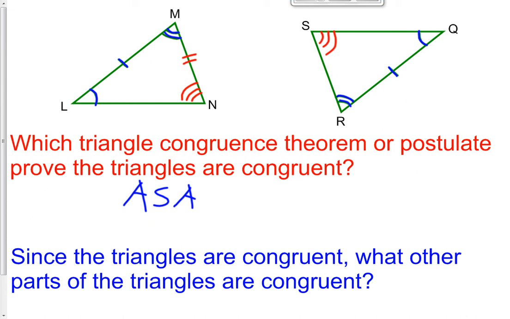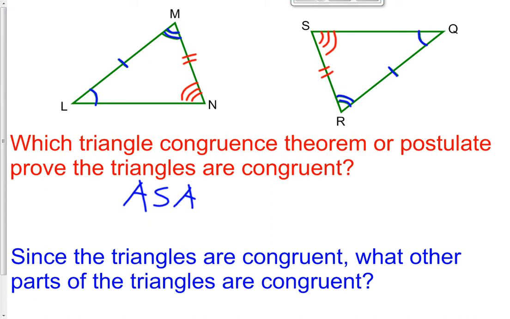So that side is congruent to, in triangle SQR, the side that's in between the 2 arcs and the 3 arcs. So that one is right there. RS, that segment, is congruent to segment MN.